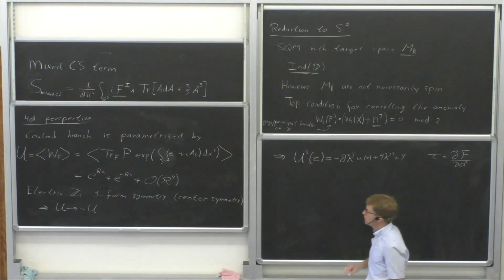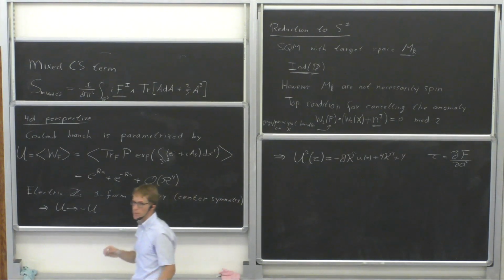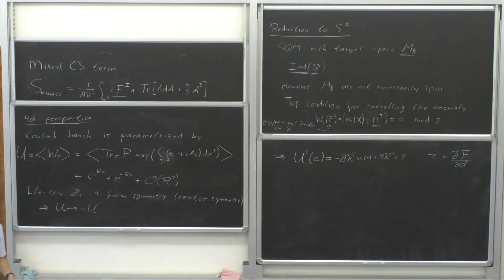Then the path integral will be 0 because of the two copies. Yeah, I think you can say it that way: you cannot define the spinors appropriately. That's another way to say it.